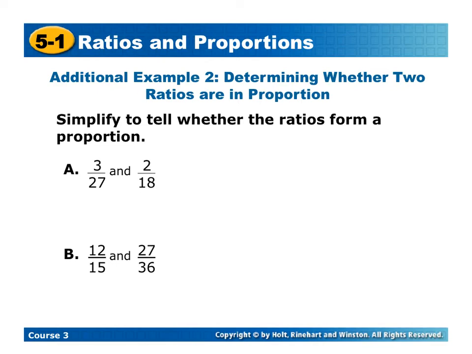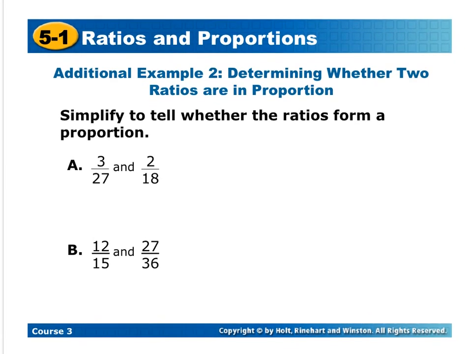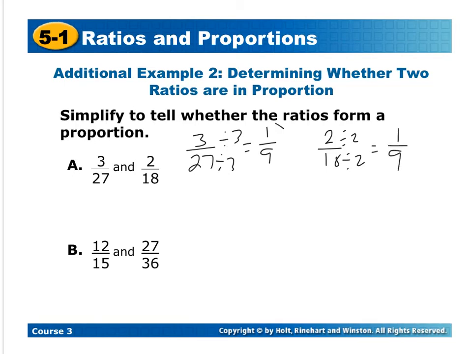So 3 and 27 are both divisible by 3, which gives us 1/9. 2 and 18 are also both divisible by 2, which is going to give us 1/9. Since both fractions simplify to 1/9, they are proportional.